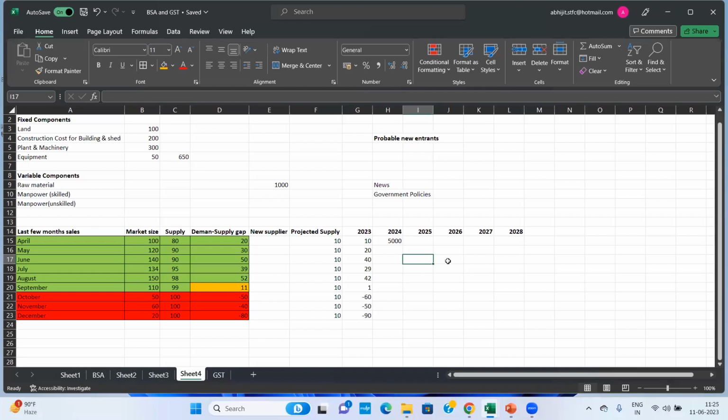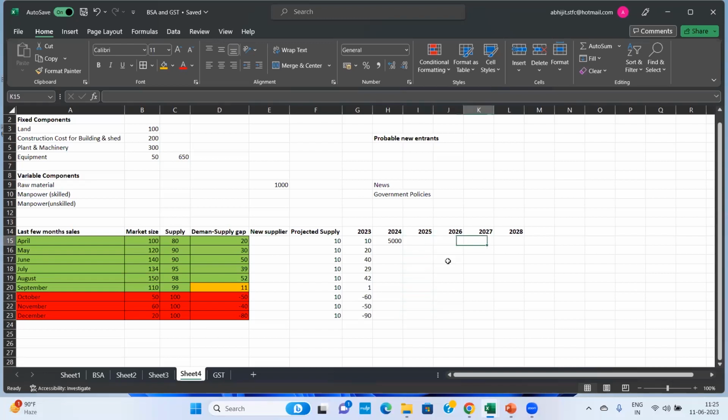More entrants means there is a push in the supply, which will reduce demand and price. When the price is getting reduced, my revenue will reduce. Even if it is increased, then obviously my profitability is going to get hit. So to understand my net profit, which will further give me cash flow, I need to factor all these things.